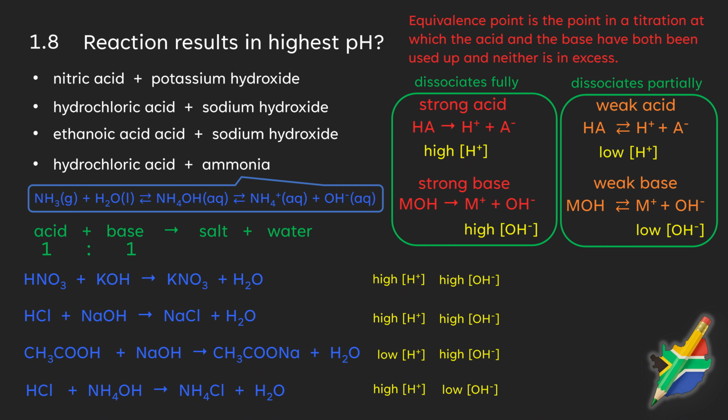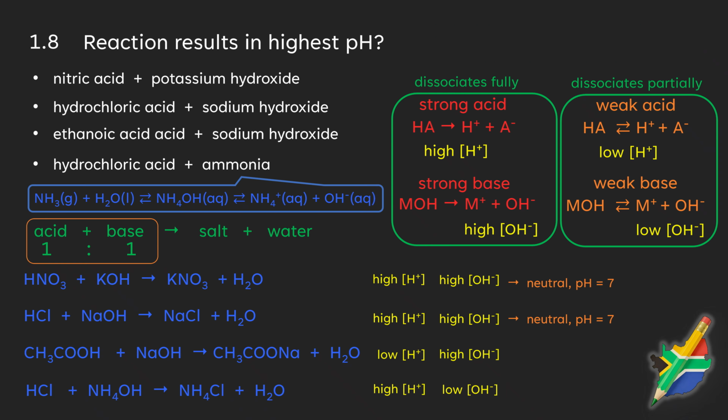Equivalence point is the point in a titration at which the acid and base have both been used up and neither is in excess. This happens in each of these equations when the moles of each acid and base are the same according to the 1:1 mole ratio. A strong acid and a strong base with a high concentration of hydrogen ions and a high concentration of hydroxide ions will produce a neutral pH at equivalence point.